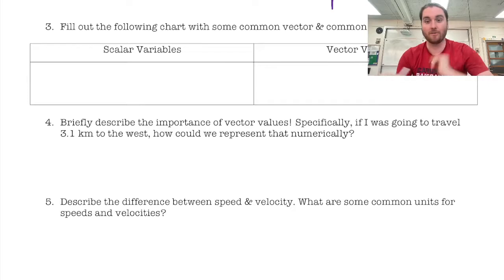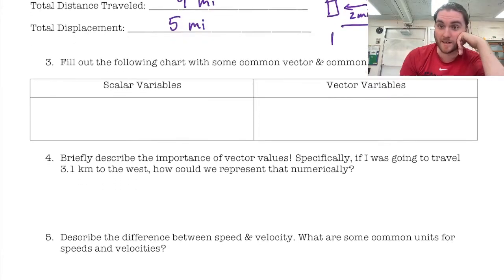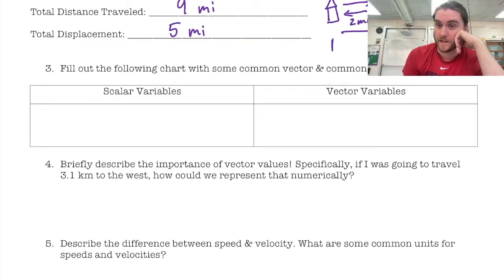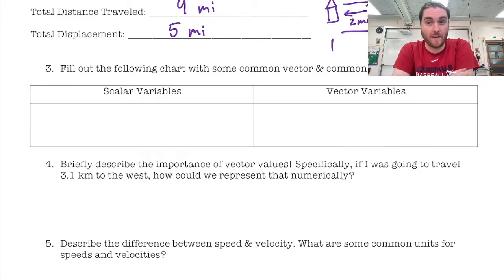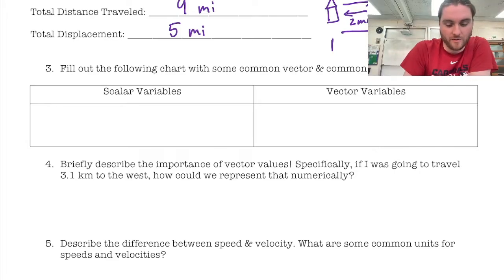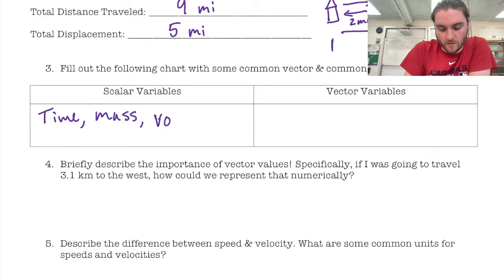Okay, let's talk about some variables. I'm asking, what are some common scalar and what are some common vector variables? Let's first remember that vectors have direction. That is the main difference between them. Scalar variables are things that don't have direction, things like time, mass, volume.